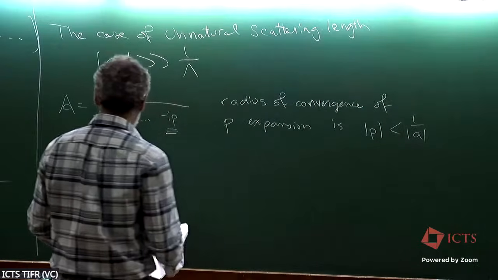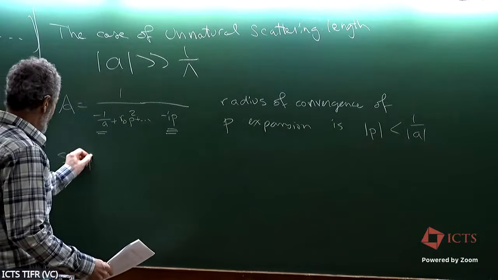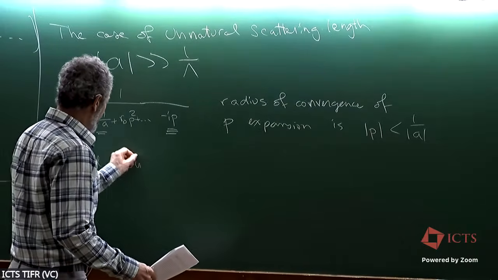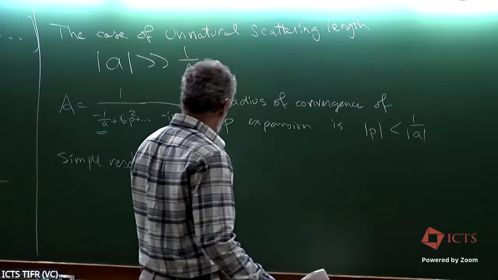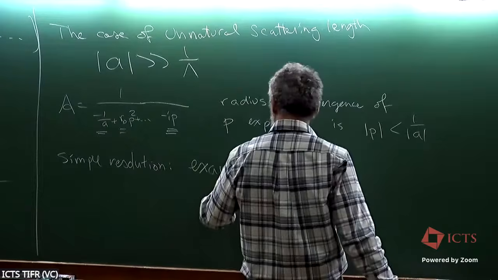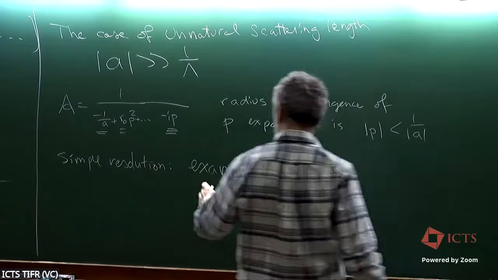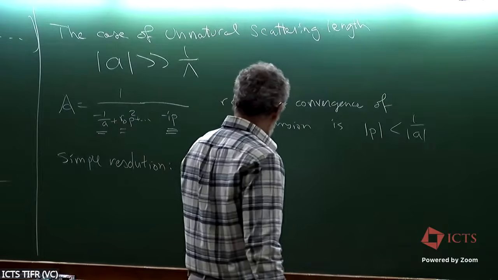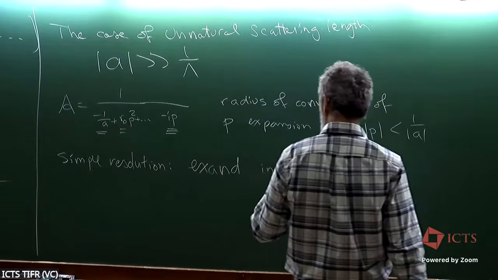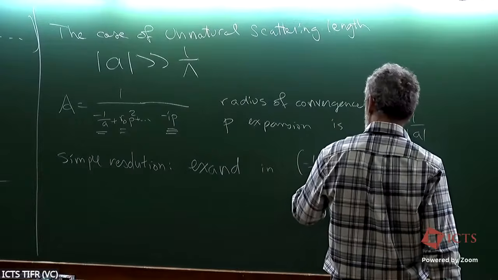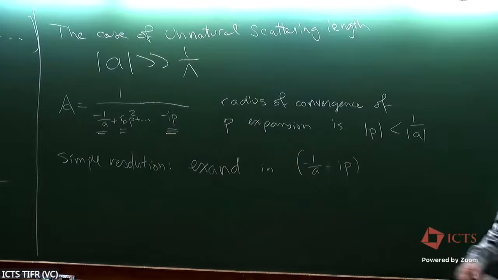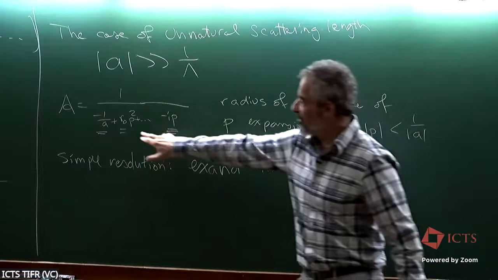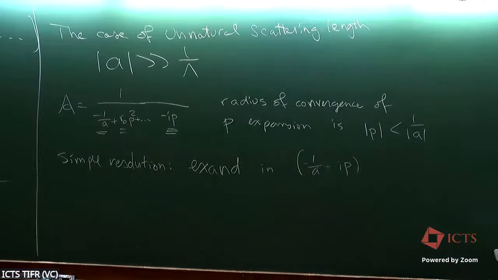So a simple thing to do is to expand, assume still that these higher order coefficients are natural, which is almost always the case, but not expand in powers of p, but in powers of minus 1 over a plus minus ip. We're not going to assume that p is small compared to 1 over a. We'll just assume that this whole thing is small compared to r naught inverse.